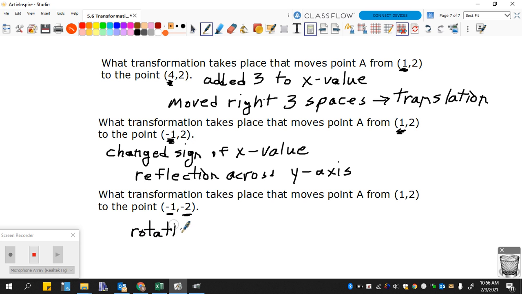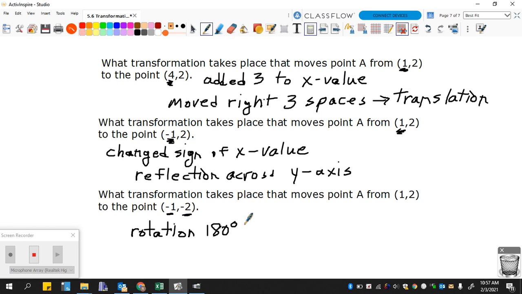And how many degrees? Well, because we went from (+1, +2) to (-1, -2), that means we multiplied both coordinates by -1, changing the sign of both coordinates. So we rotated it 180 degrees.